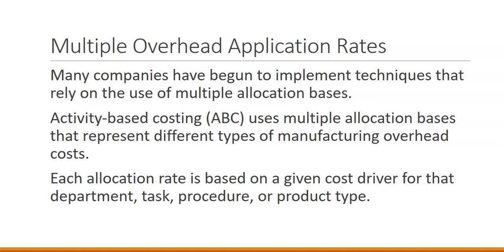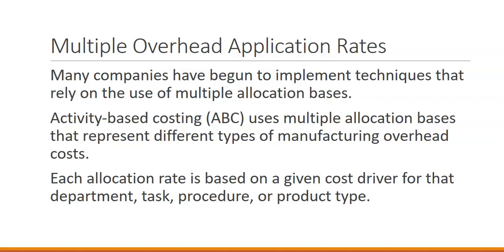With multiple overhead application rates, we would divide our total overhead into activities. And then we would say that $100,000, we can go back to the table. So we had a milling department and a finishing department. If we had different overhead rates for milling and finishing, that would be a multiple overhead rate for that company.